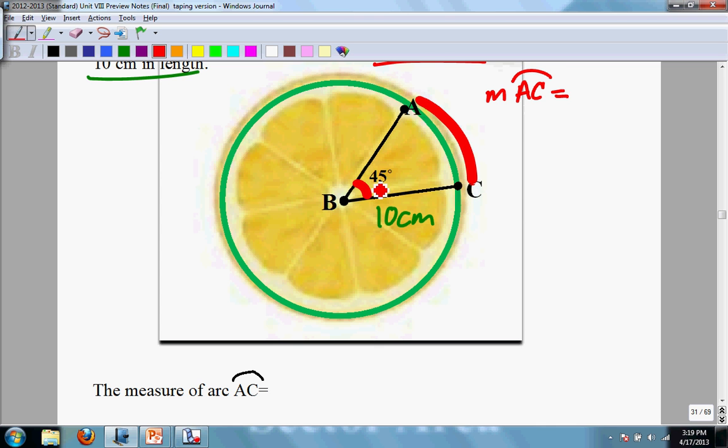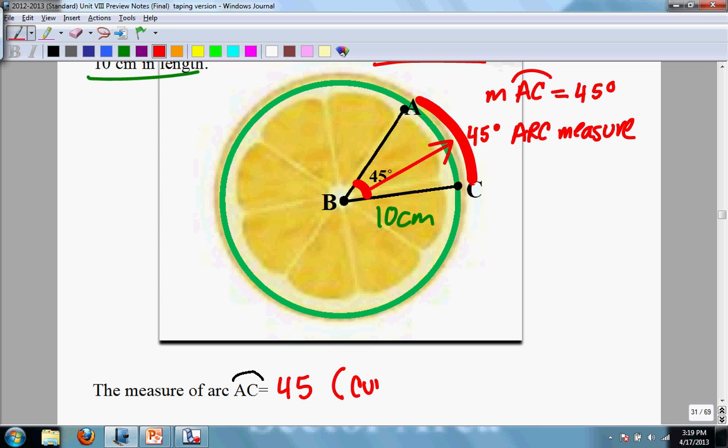And we learned the measure of a central angle and its arc are the same. That's called arc measure. Measure deals with a piece of the curvature of the circle. That is different than length.